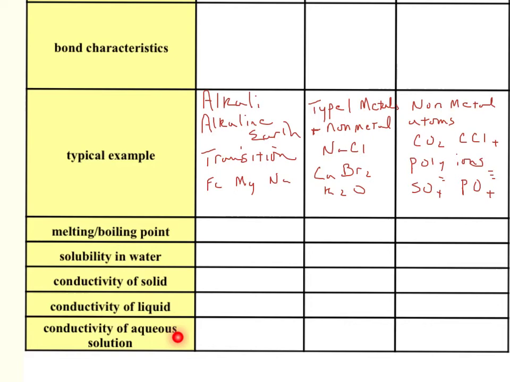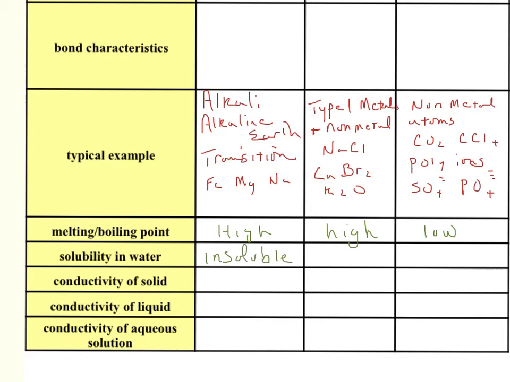Let me put that on. When we talk about melting and boiling point, metals have very high melting points, as do ionic compounds. But most covalent compounds have low melting points. Solubility in water, guess what? Metals are insoluble.